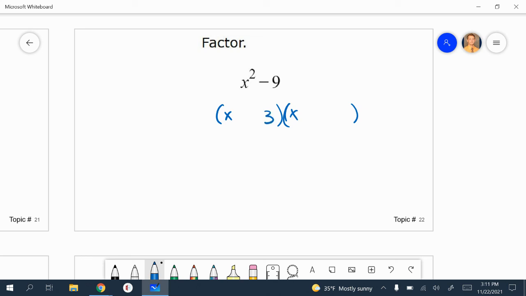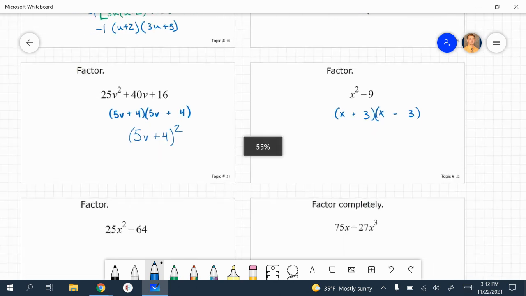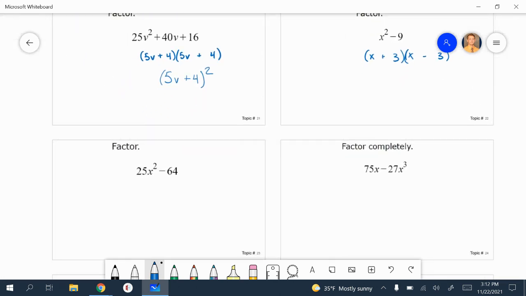We know we'll have 2 3s there, because those 3s will multiply to give us 9, and we need to make one of them positive and one of them negative, so those middle 2 steps will cancel out. Topic 22 is very similar to like topic, I think it's number 5. If you go back to topic number 5 in the previous videos, you can see that it's basically the same thing as that, except backwards. So if you're really confused on that, go back to topic number 5.